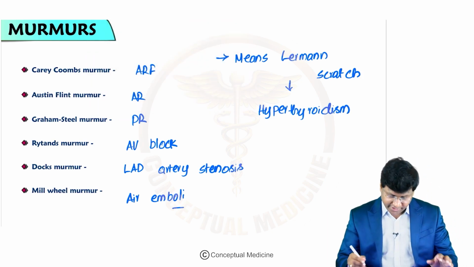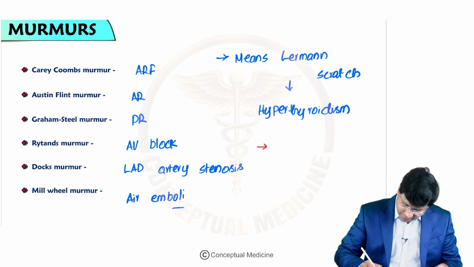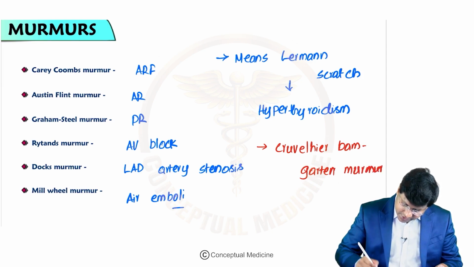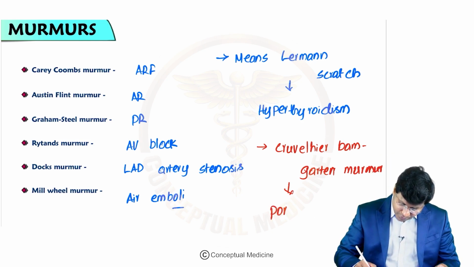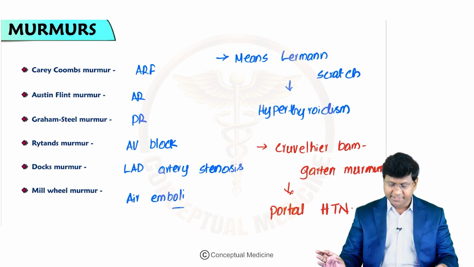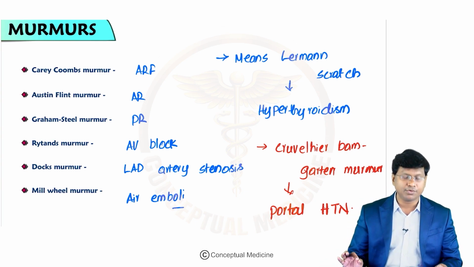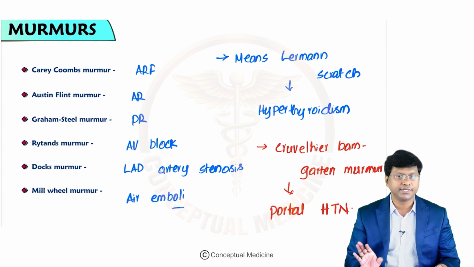And another important named murmur is the Cruveilhier-Baumgarten murmur. This Cruveilhier-Baumgarten murmur is heard in patients with portal hypertension. So this is about your named murmurs in individuals with different clinical scenarios.